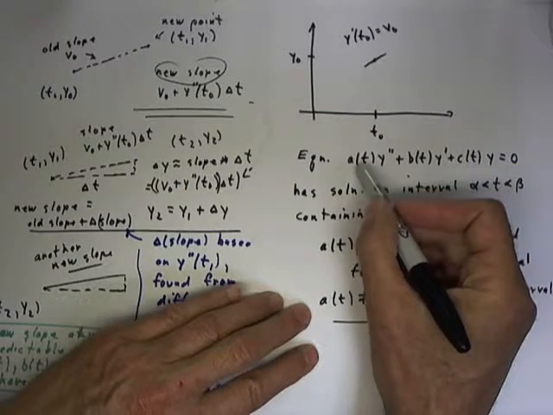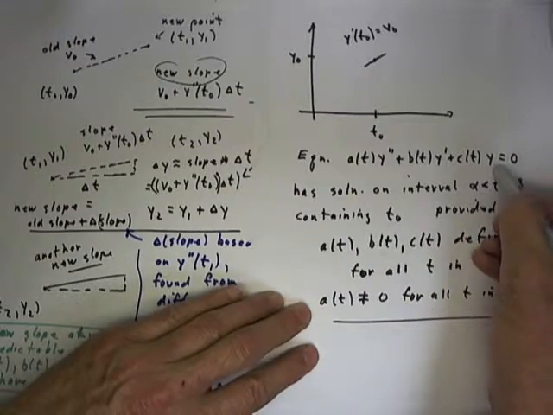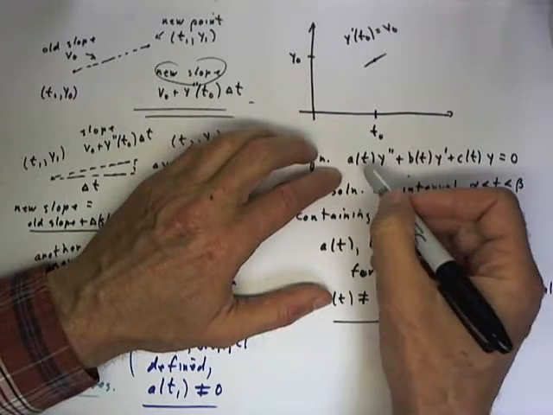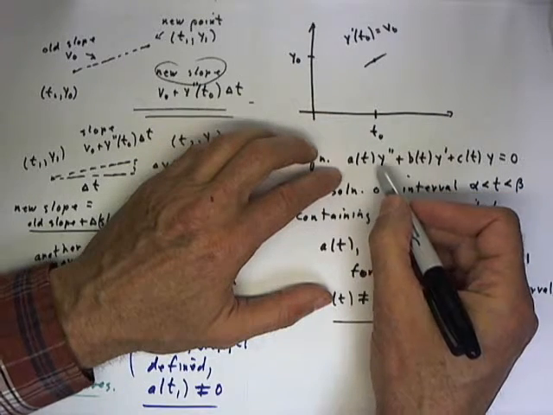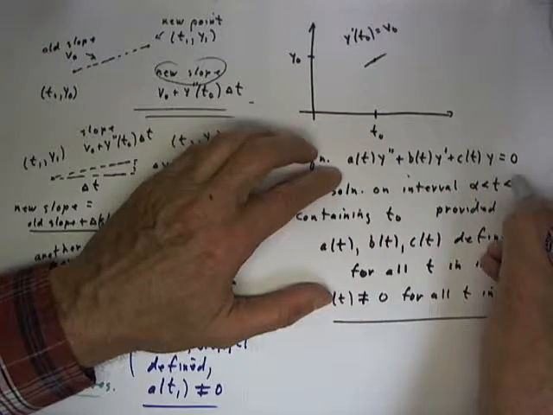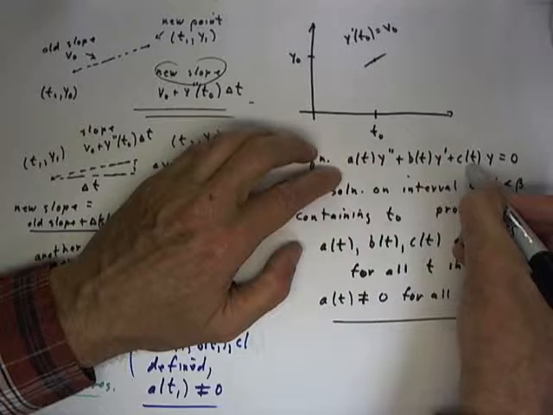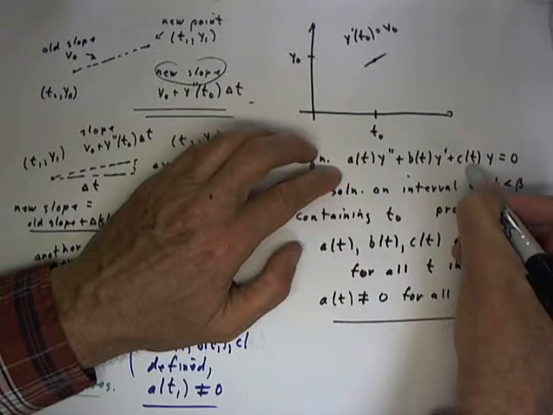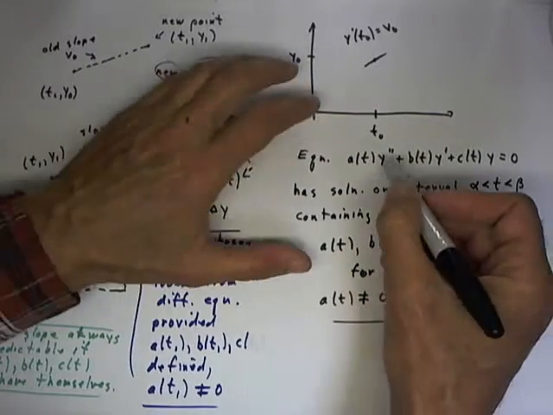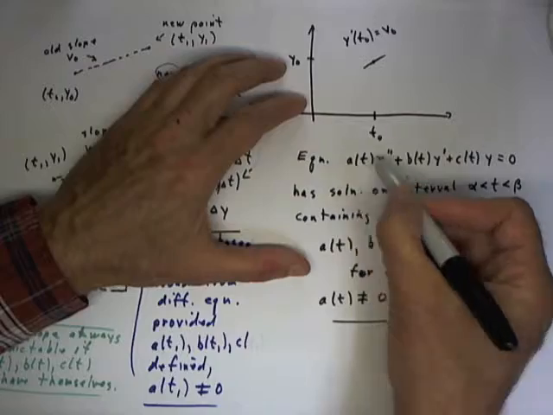Remember that we assume that we know all of the other quantities that go into this equation for a given point, and that when we solve for y double prime, we actually get a solution. And that requires that the a, b, and c functions all be defined at the point, and also that the a of t function be non-zero, because in solving for y double prime we have to divide by the value of a of t.